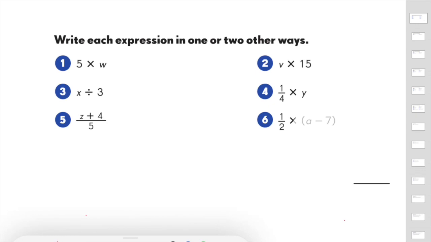Number 3, x divided by 3. Well, we learned in algebra that another way of writing x divided by 3 is saying x over 3. So that's one way. And the other way we can write this division expression is by changing the division problem into a multiplication problem.